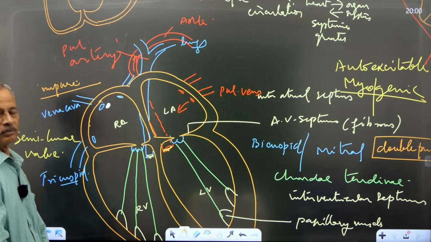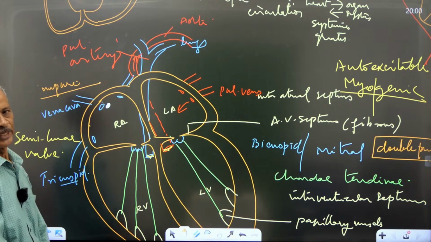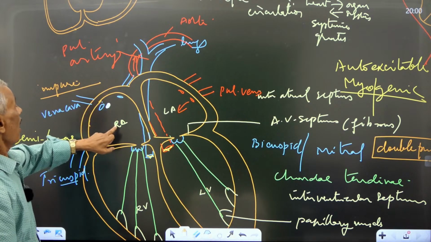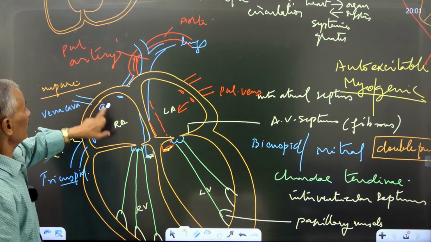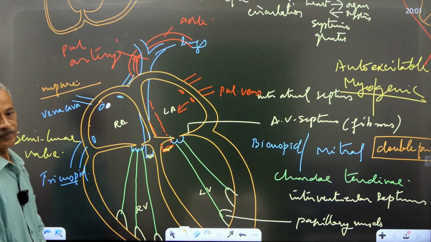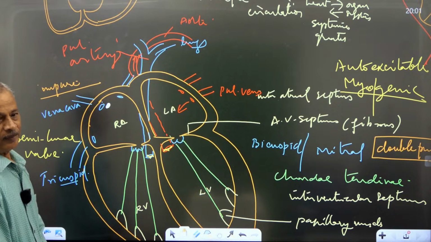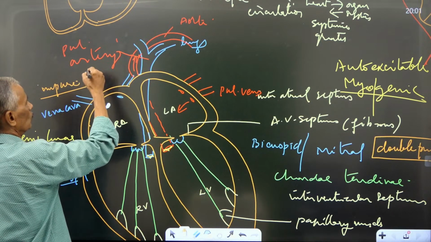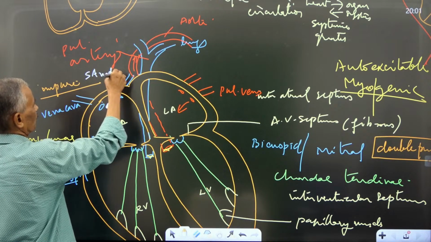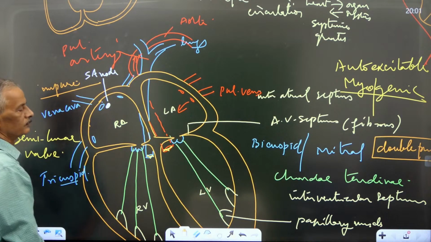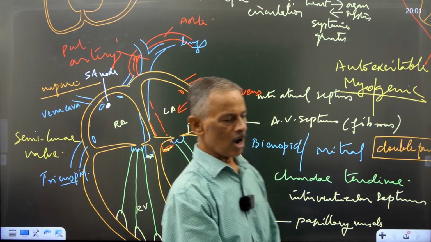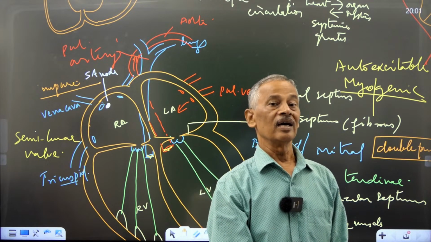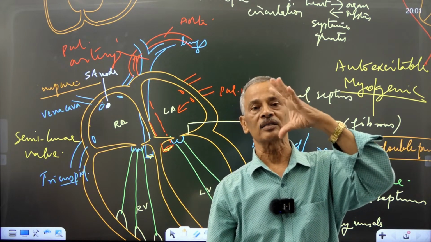There is a small nodal tissue, വളരെ ചെറുതാണ് ഈ നോഡൽ ടിഷ്യൂ, lying close to the upper right side of the right atrium. ഏട്രിയത്തിൻ്റെ ടോപ്പിനോട് ചേർന്ന് ഉള്ള ഒരു ഭാഗത്ത്. ഇറ്റ് ഈസ് കാൾഡ് സൈനു ഓറിക്കുലാർ നോഡ്, SA നോഡ്, which is called heart of the heart. ഇവനാണ് സാധാരണഗതിയിൽ ഋതത്തിന്, നമ്മുടെ ഹൃദയത്തിൻ്റെ താളത്തിനെ ഉണ്ടാക്കുന്നത്.